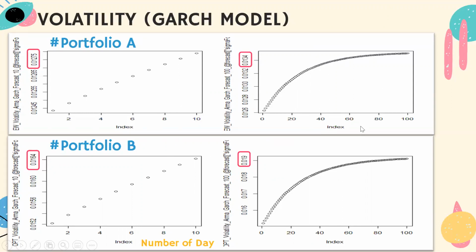Same for the volatility over the next 100 days, portfolio A has higher volatility than portfolio B.